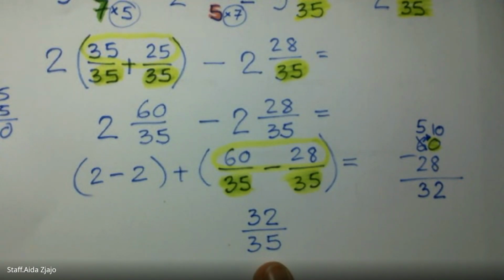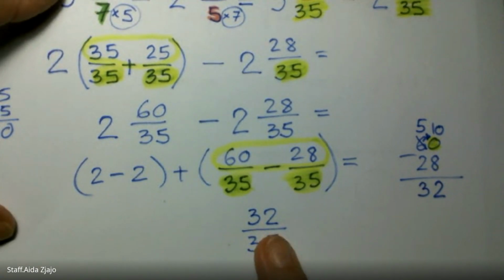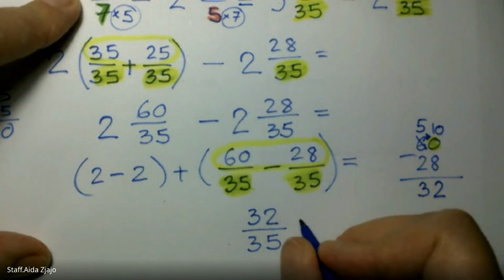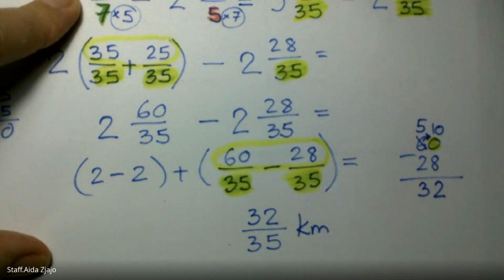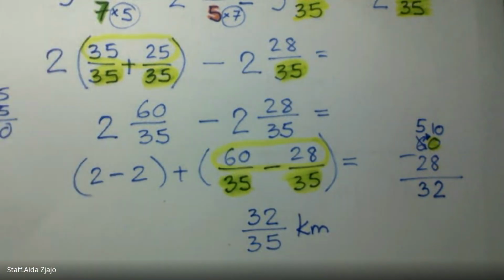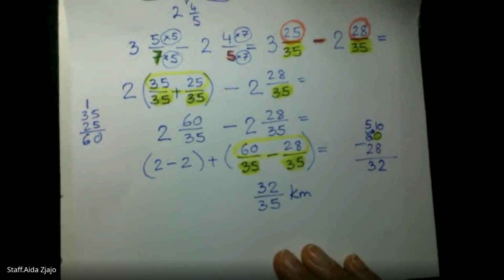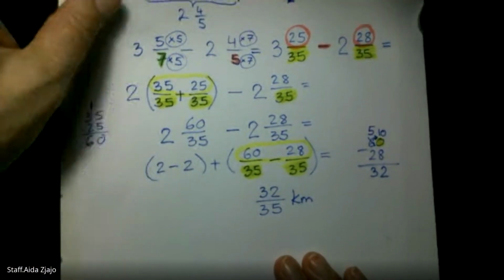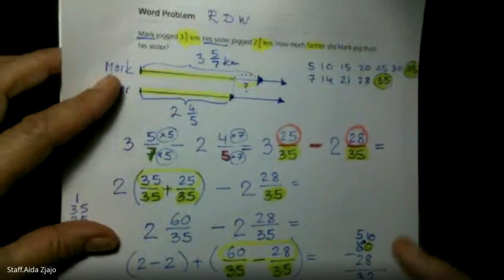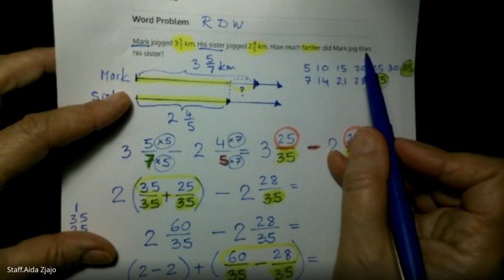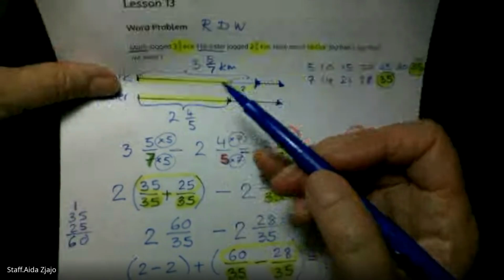How much farther did Mark jog than his sister? He jogged 32 35ths kilometers farther than his sister. So I can rewrite the answer in a sentence. How much farther did Mark jog than his sister?